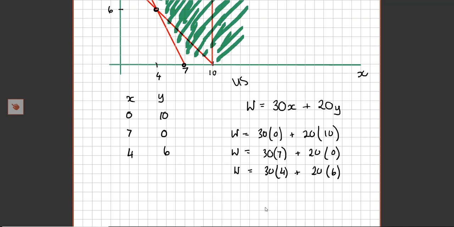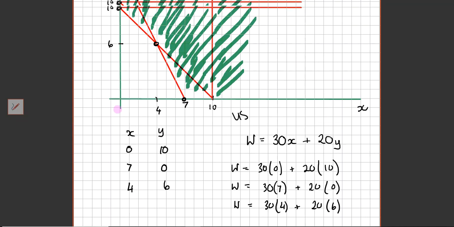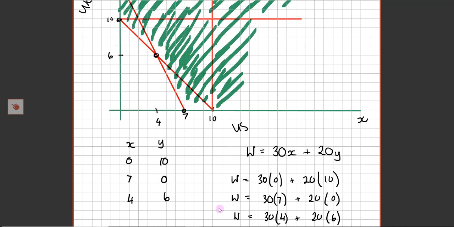Do we think that we maybe could get it even higher? Well, if you think this is the highest, you've identified one of those vertices, this one. What can we do just to check that that is the maximum? We've got other potential values like this value either side of it.